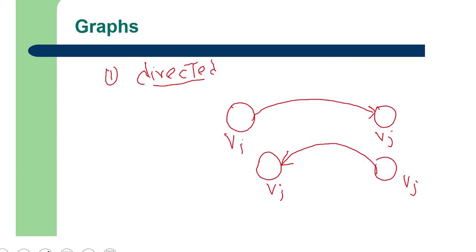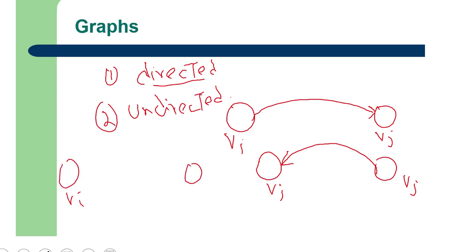The other case is the undirected edge. In this case, if there is a vertex Vi and a second vertex Vj, there is an edge between vertex Vi and Vj. This edge is an undirected edge.